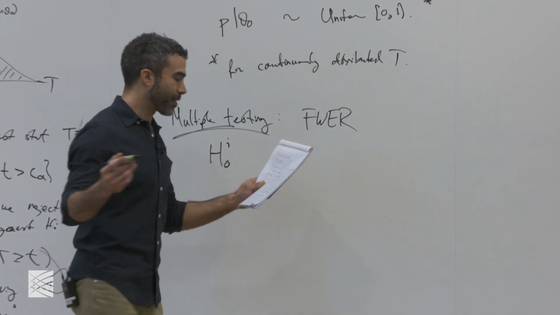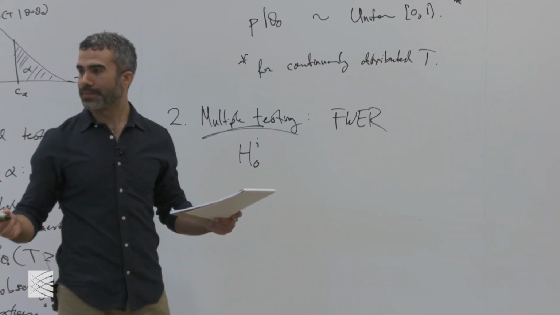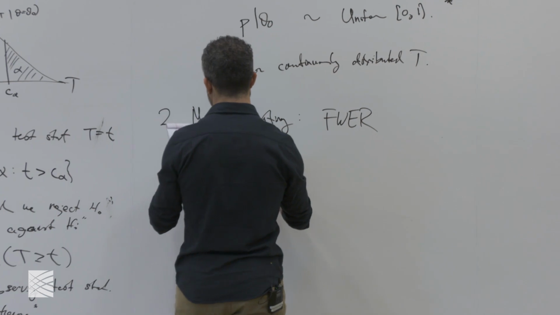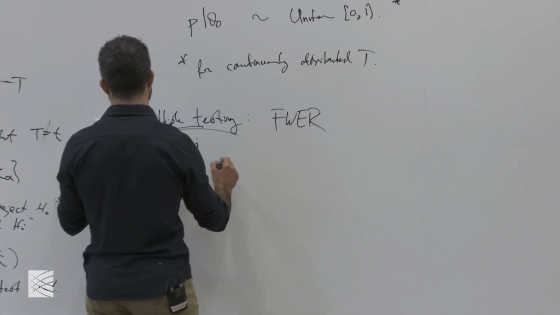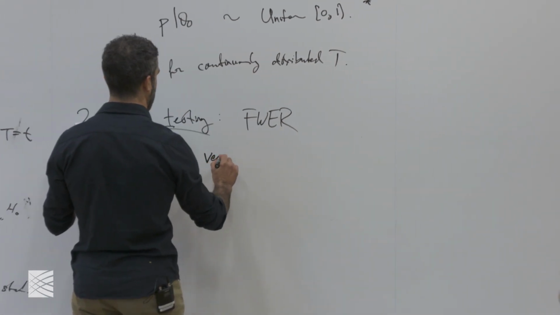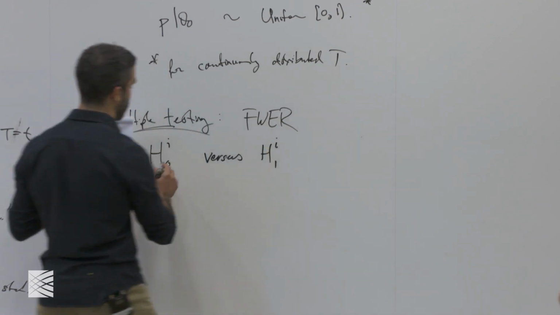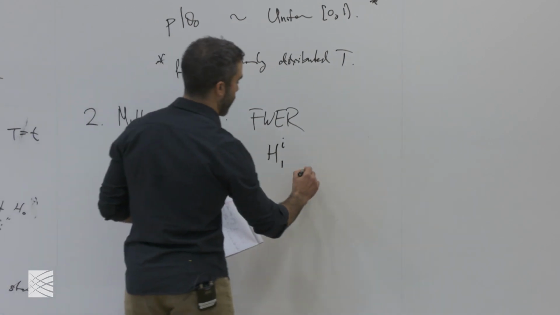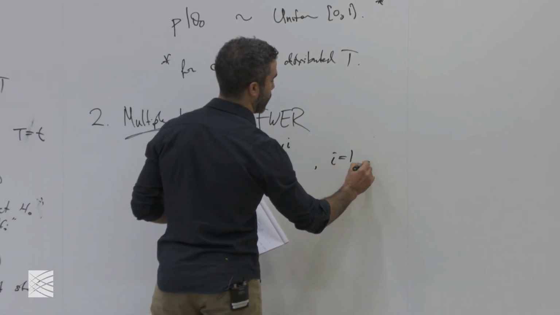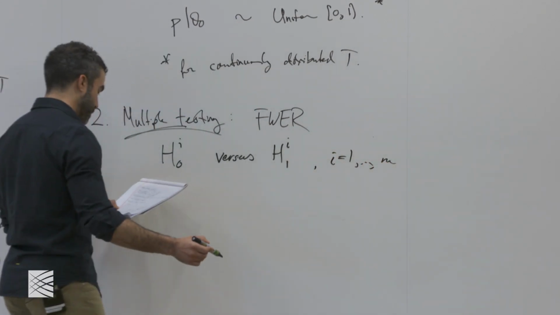I have a bunch of hypotheses I'm going to test. Again, I'm going to index them with a little superscript. H0^i versus H1^i. This is the ith null and the ith alternative. And I'm going to have m of these. So I will go from 1 to m.